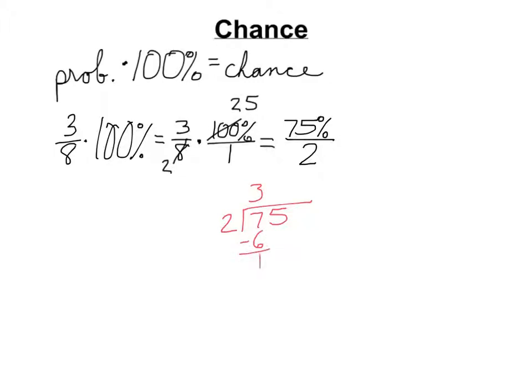Subtract and we get 1. Bring down my 5. 2 goes into 15 7 times, which is 14. Subtract and we get 1 again. But this time that 1 becomes part of a fraction, so 1/2. Therefore, a 3/8 probability is a 37.5% chance.